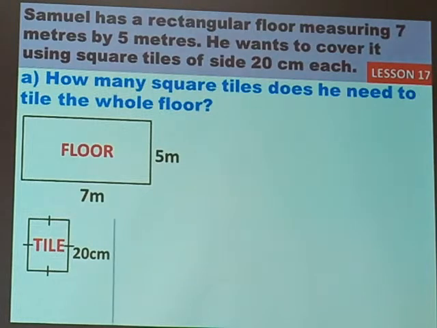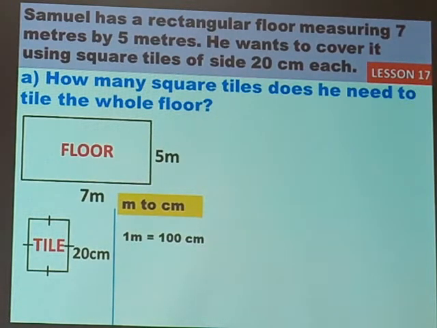We need to change our meters to centimeters. So we're changing the measurements of the floor also to centimeters. So we need to know how many centimeters are in 1 meter. I believe we all get that. So 1 meter is equal to 100 centimeters.